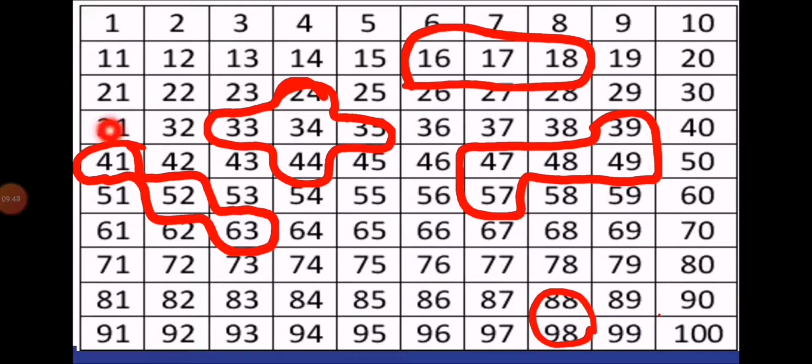So in this pattern, numbers are increasing by 11, from 41 till 52, from 52 till 63. It means when we move diagonally on the 100 square grid, we are increasing by 11. So color this pattern in blue.